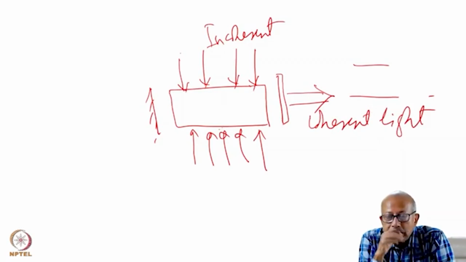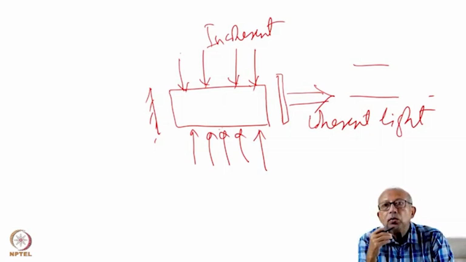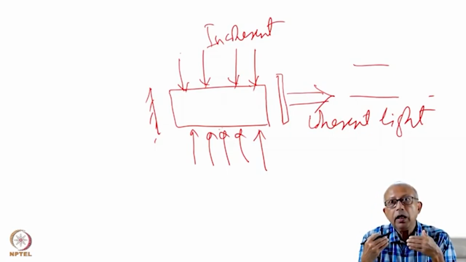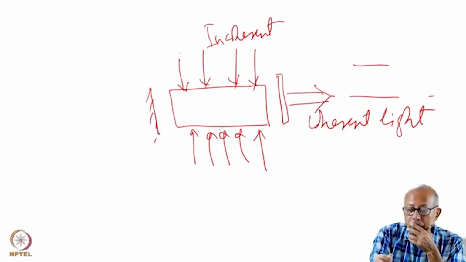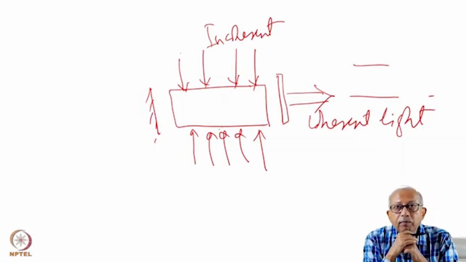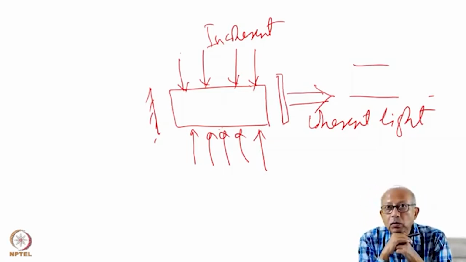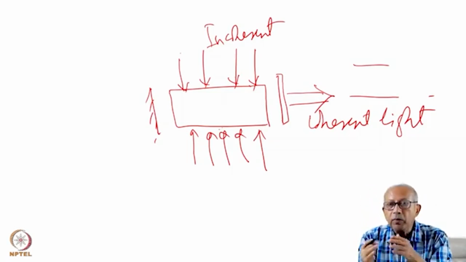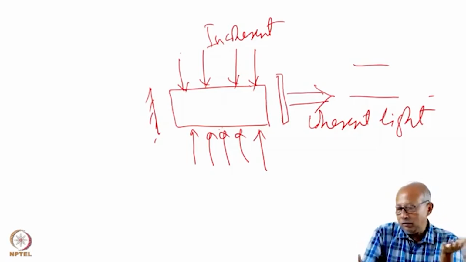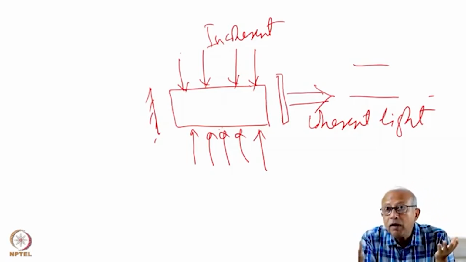But the catch here is that while doing that, you lose a large fraction of energy. It is not that all the photons you are using for pumping the medium will come back as coherent light. The efficiency of operation of a laser is never 100%.